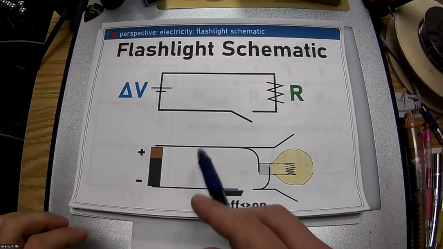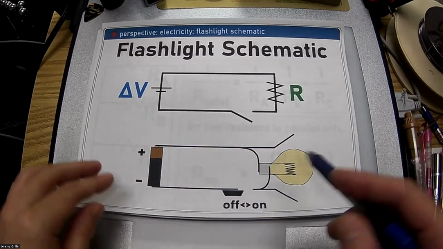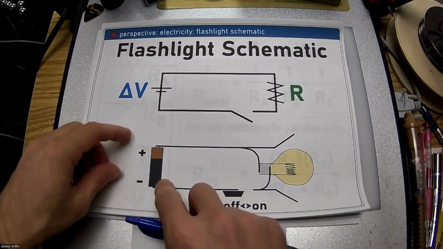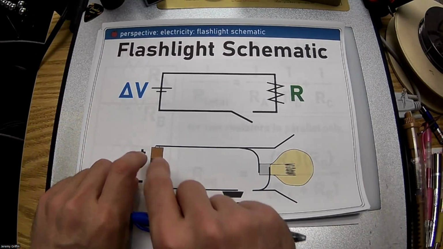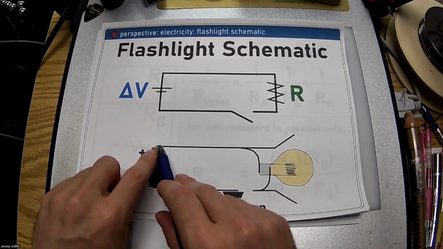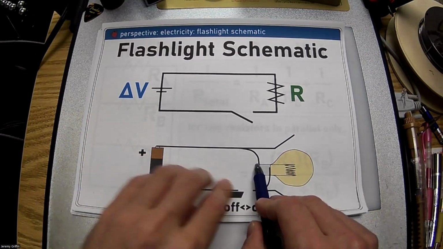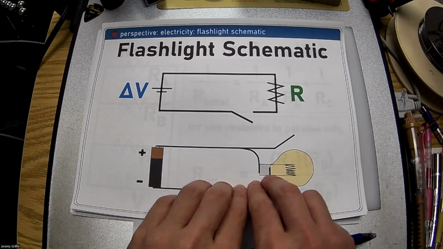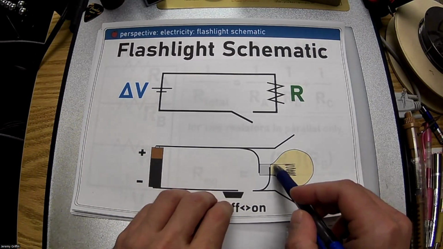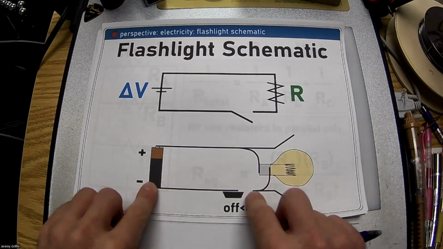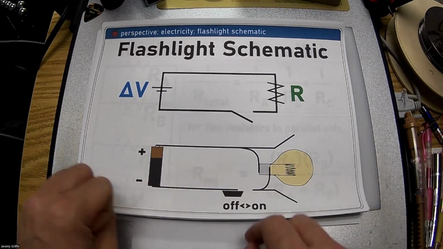Flashlight schematic. Right, so here's the schematic. Here's more close to what a flashlight is. Okay. All right. So voltage source, there's the battery. Now, guys, if all you do is run the positive lead to the base of the bulb, then that's an open circuit. Is that going to light the bulb? No, that's not going to light the bulb. Right? You need the other half of the story. You go from the negative terminal, which is here, back to the negative lead of the battery, and you need to make it a closed circuit.